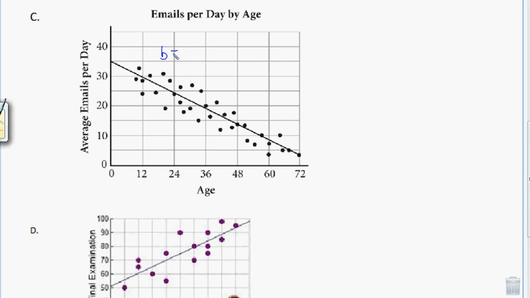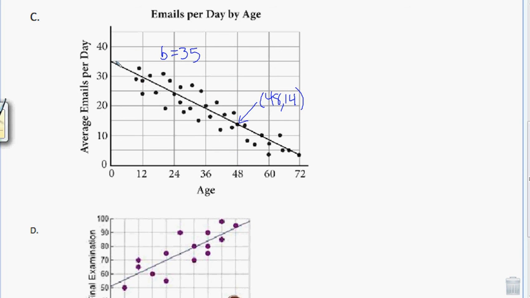The y-intercept to me looks like 35. What points am I going to pick? I don't know, I can kind of guess what this point is. It's 48, 14, because it's almost at 15.